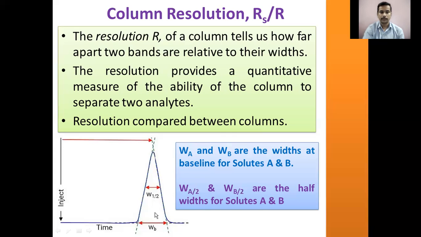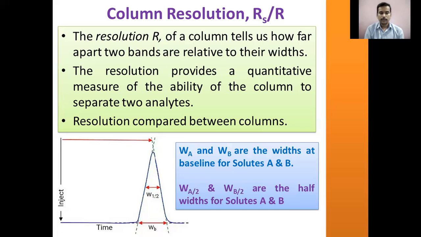Assume this is the 100% height, and you divide it into two vertically, and at the mid-point you place a measuring scale. The width at 50% of the peak height is denoted by W half. This W half value is very important in order to calculate the resolution between the two peaks.